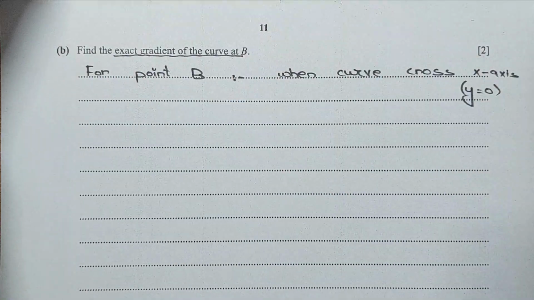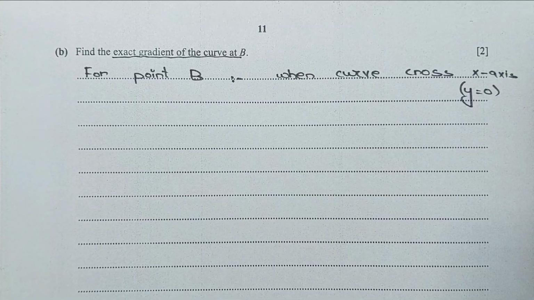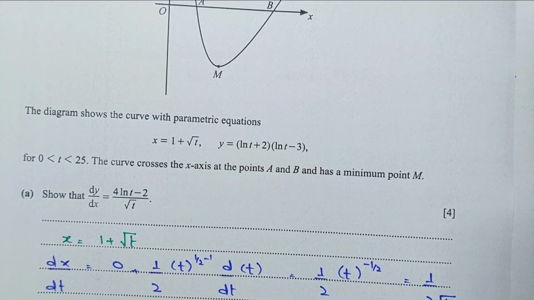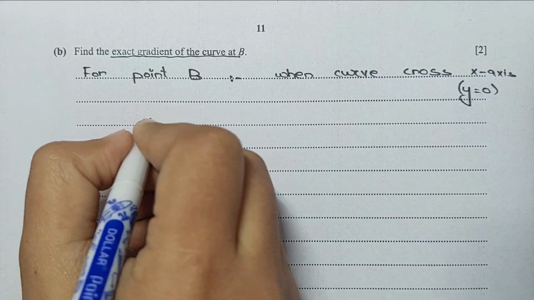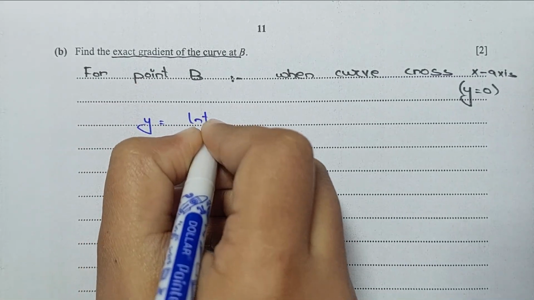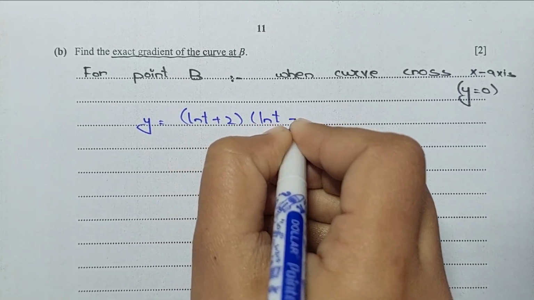So in the curve, just substitute y equals 0 and solve for the t value. So here is the curve. When you put y equals 0, you can get the t value, right? So y is equal to (ln t + 2)(ln t - 3).